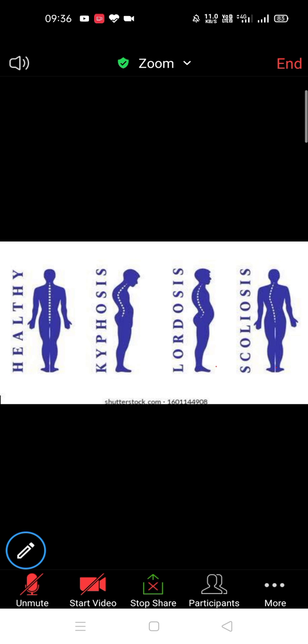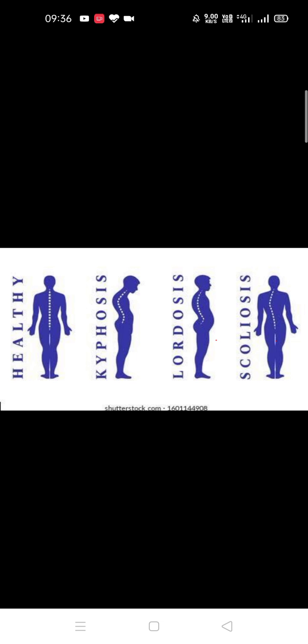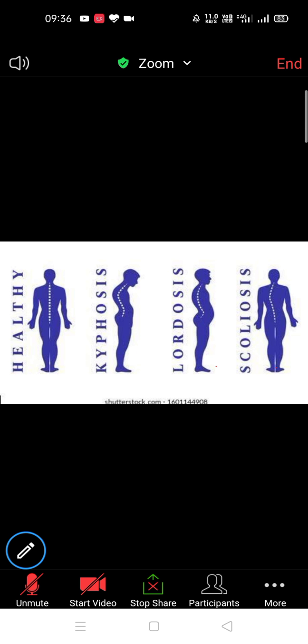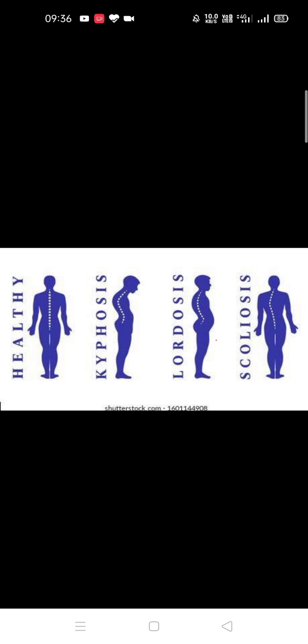In lordosis, the patient's lower back turns inward. In scoliosis the patient's spine becomes crooked. You have to observe and tick the correct option. Mostly it will be healthy only, but in some cases you might find kyphosis, lordosis, or scoliosis.